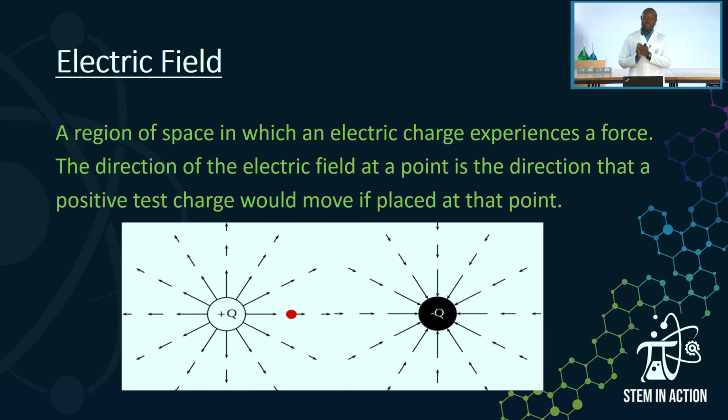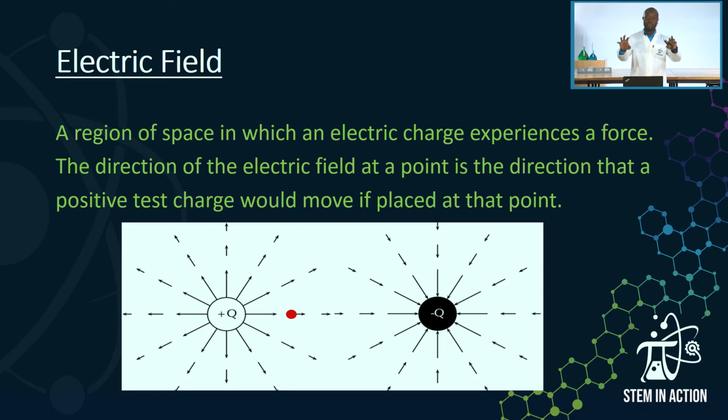So to test whether a charge is positive or negative, we use a test charge, and the test charge is always a positive charge. Depending on which direction our test charge goes, we know that if it is a positive test charge, it is going to be attracted to the negative charge, but it is going to be repelled or move away from the positive charge. Therefore, we can use it as a test charge.